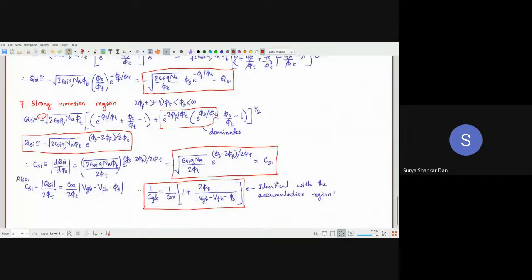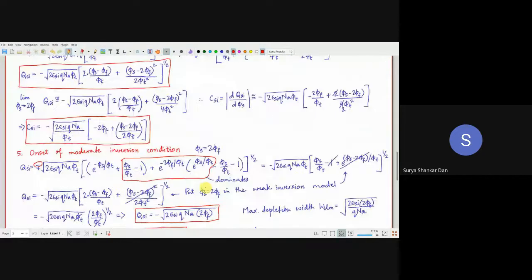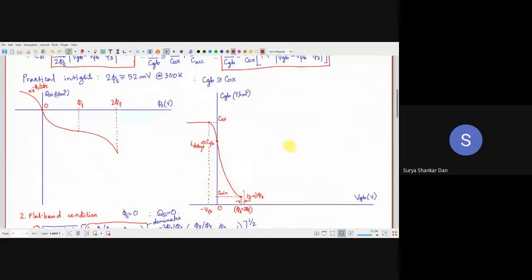In this strong inversion region, you will notice that this is your CSI, and essentially this will be your 1 by CGB. So essentially meaning that within this small region, let me put the dotted lines from here.